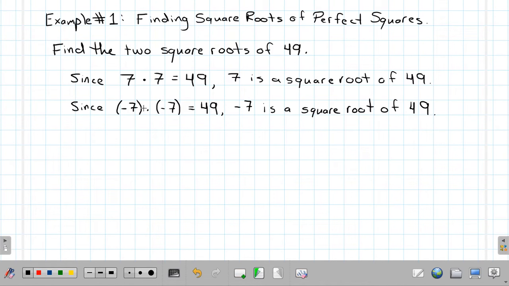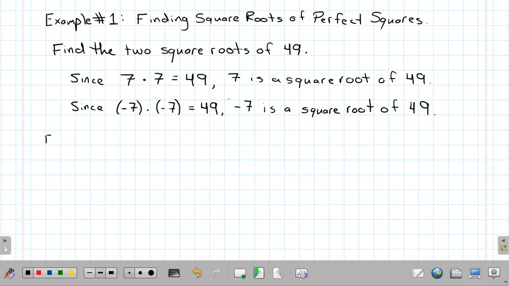So negative 7 times negative 7 is 49, which means negative 7 is a square root of 49. And for any positive number, there's always going to be two different square roots. So that's what we're getting at when we're talking about two square roots for every positive number.